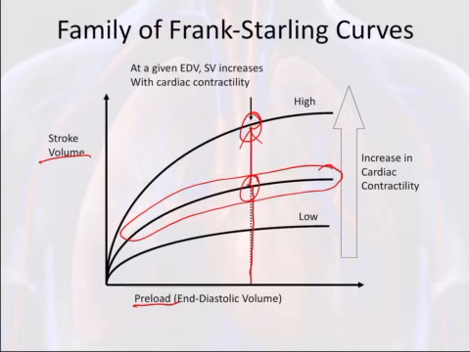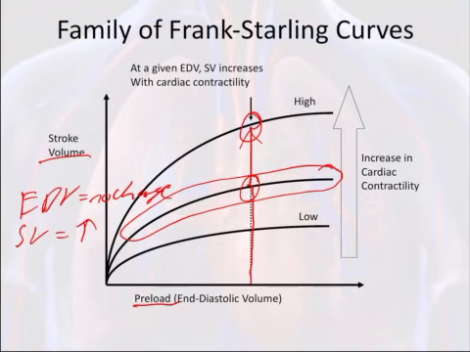So really what that means is if we have the same EDV, so EDV equals no change, right? But stroke volume equals up. And remember, stroke volume equals EDV minus ESV. So then in order to get stroke volume up, if we know EDV didn't change, then we have to make ESV smaller, right?